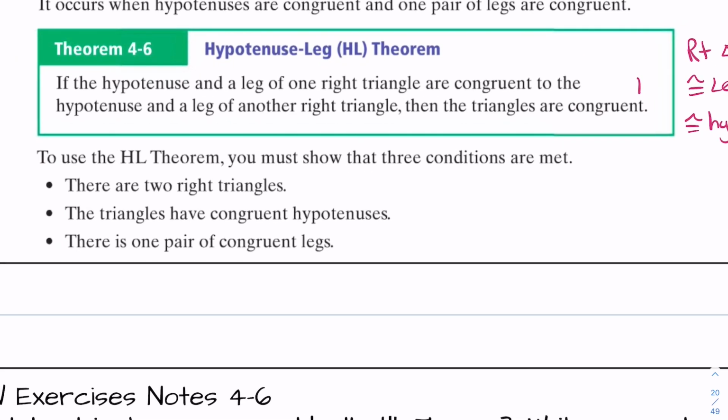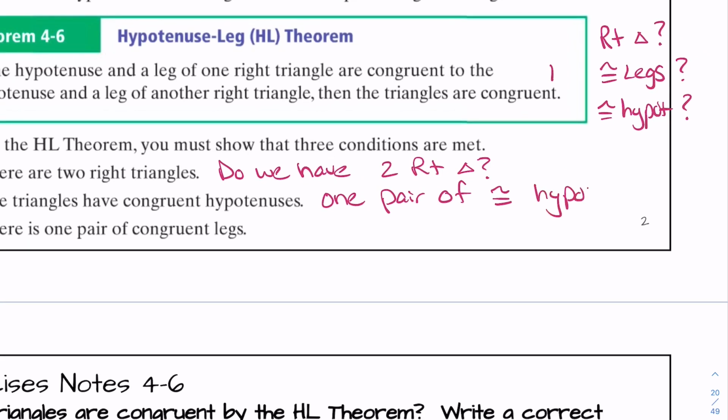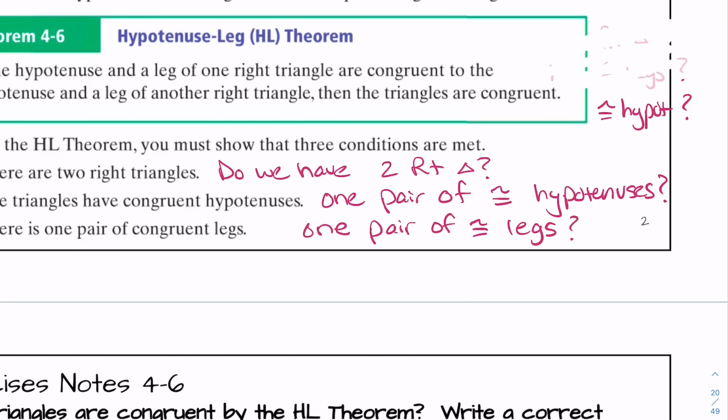Do we have two right triangles, one pair of congruent hypotenuses, and one pair of congruent legs? That's our question. Do we have those three things?